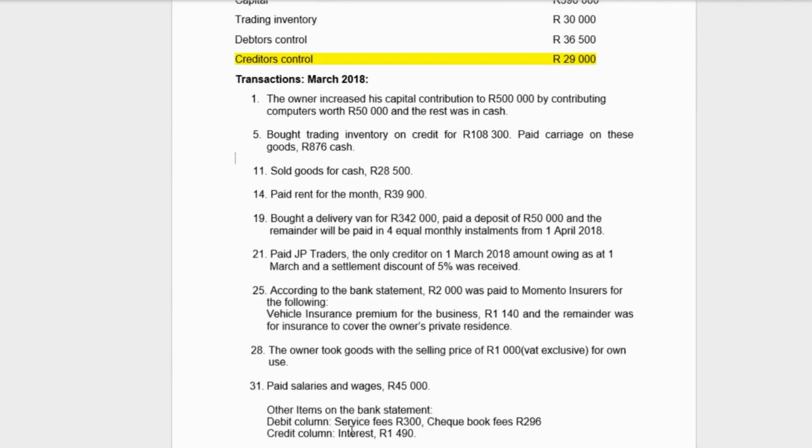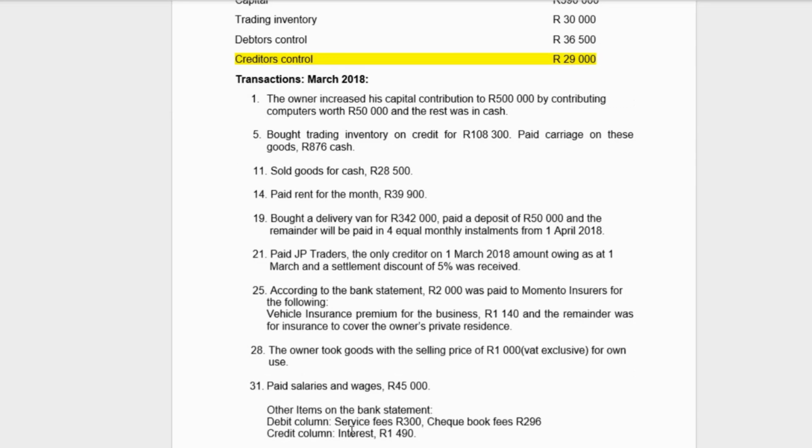So the next transaction says you bought a delivery van for 342,000, paid a deposit of 50,000, and the remainder will be paid in 4 equal monthly installments from 1 April 2018.